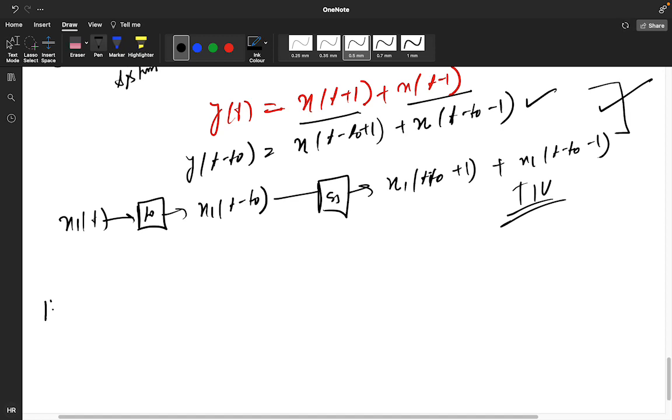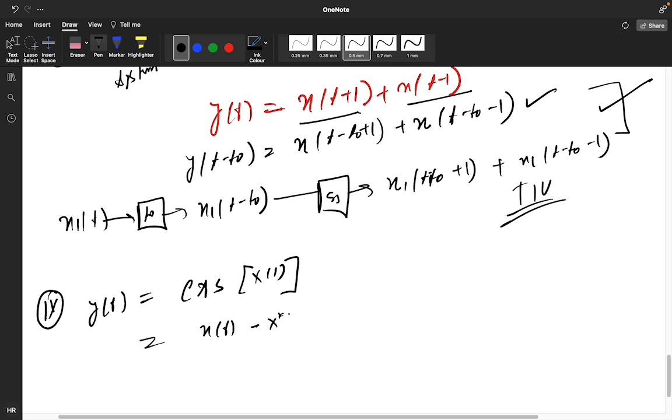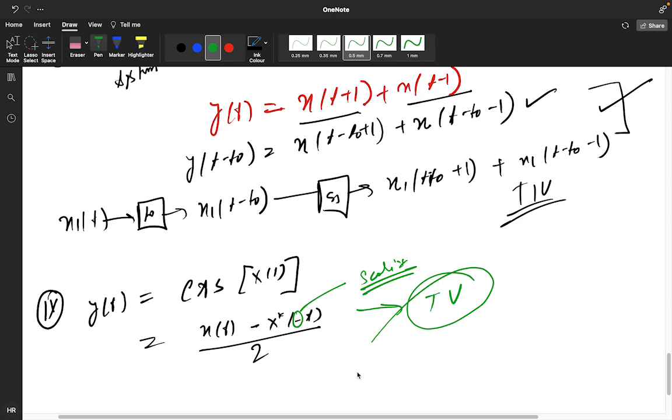Similarly, y of t equals the conjugate antisymmetric part of x of t. Write the formula for conjugate antisymmetric: x of t minus x conjugate of minus t, divided by 2. So will this be time invariant or time variant? Here scaling is coming. I told you if scaling is there, then directly you can say time variant system.